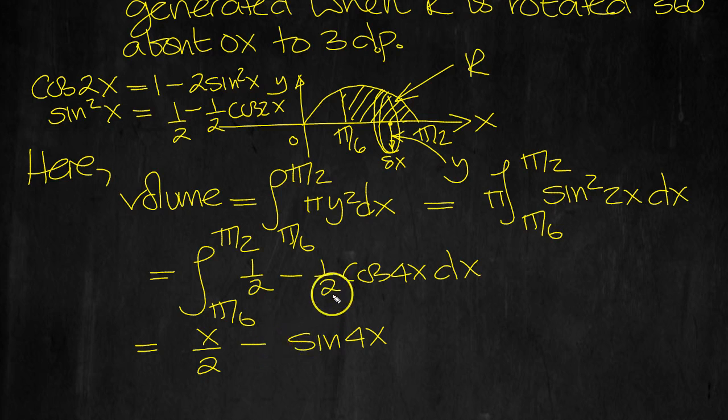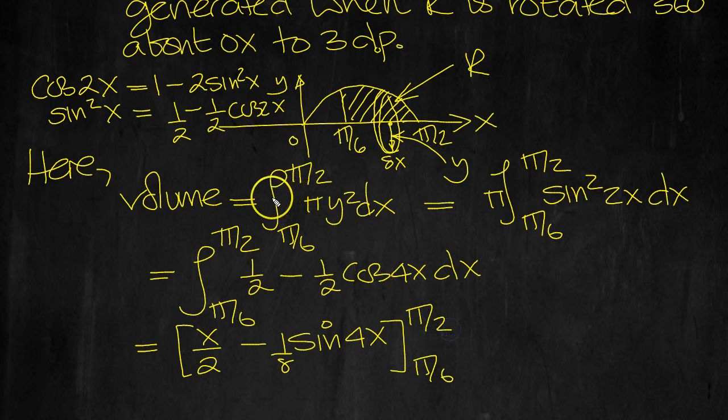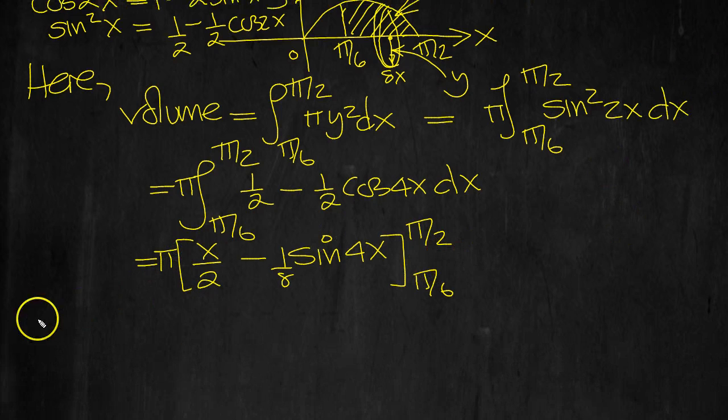Now the 4 comes out, we've got a half, so we'll need an eighth, won't we, to generate the half when the 4 comes out. And that needs to be evaluated between pi over 6 and pi over 2. Don't forget it's pi lots of, so there's a pi lots of here, and that's easy to forget, which I illustrated well then for a moment. So it's pi, top value, take bottom value.